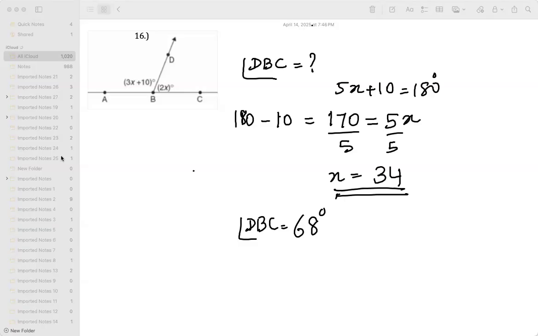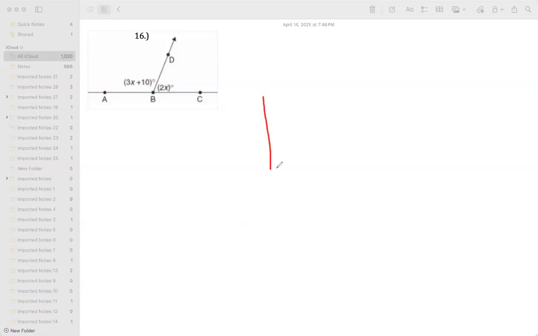I did 5x plus 10 is equal to 360. But this forms a straight line, right? Oh, that's 180. 360 is a circle. Exactly, correct. That's because we just learned about circles in math. Ah, I see. I got it.